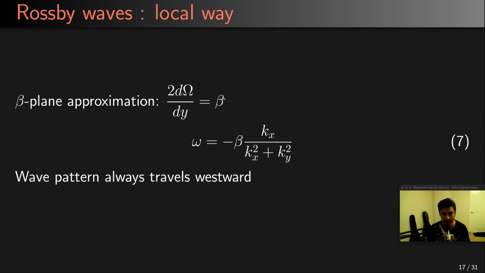You can include the 2 or not, it's up to you. But the basic relation looks like that, and the negative sign points out that the wave pattern always travels westward, so it's retrograde, while the Earth is rotating eastward.